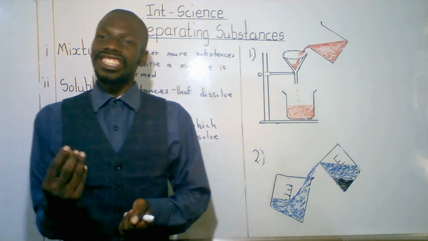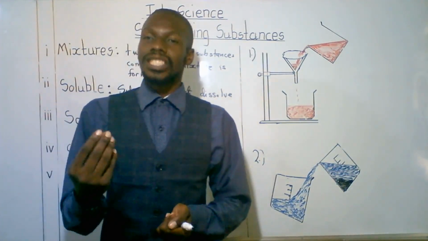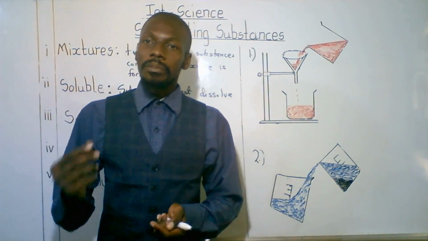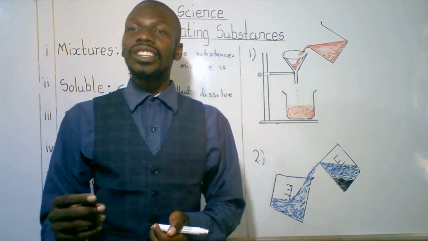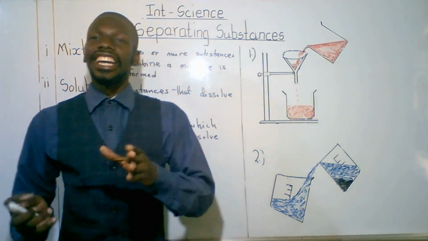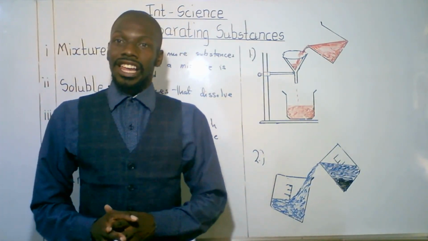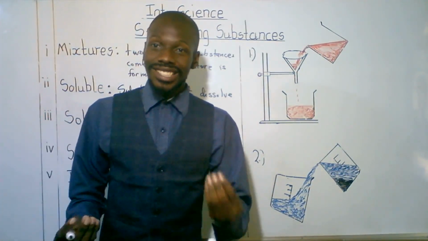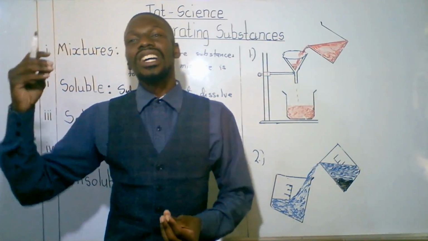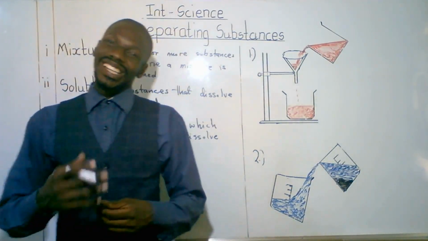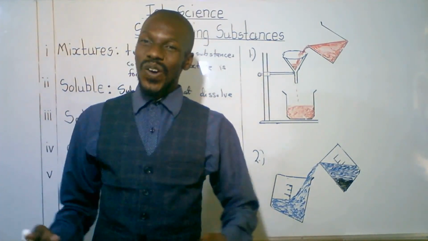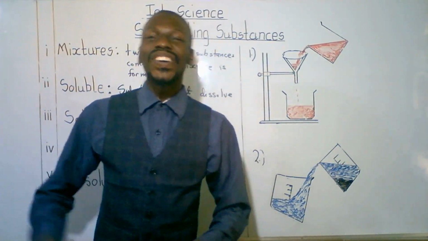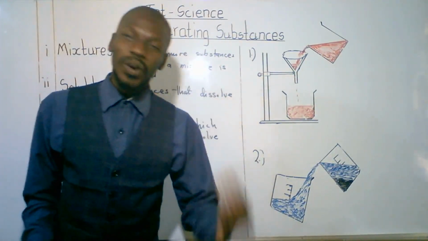The substance that dissolves becomes a solute. Sugar becomes a solute in water, and what is formed is a solution. The solution formed from sugar and water, we locally call zigoro.